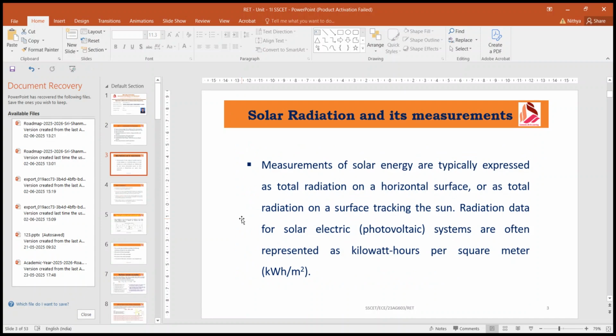The radiation data for electric systems, like photovoltaic systems, are often represented as kilowatt hours per square meter, simply known as kWh per meter squared. So solar radiation is measured in terms of kilowatt hour per meter squared.